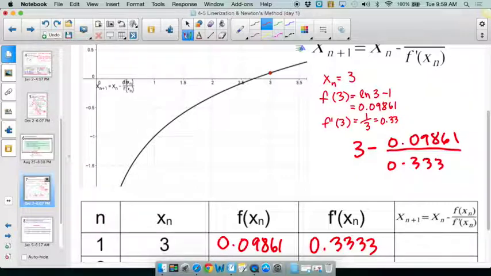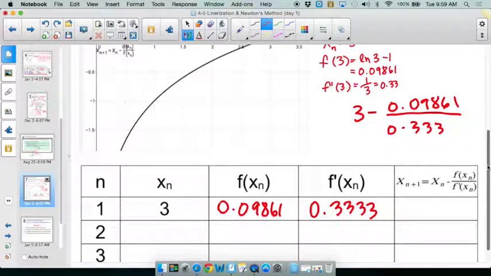So what do we have as our new x guess? Well, what's 3 minus that?